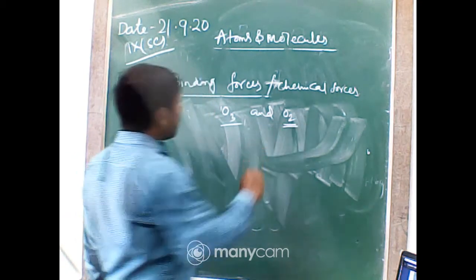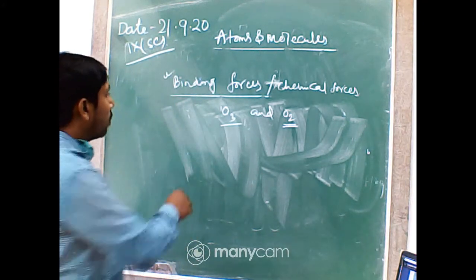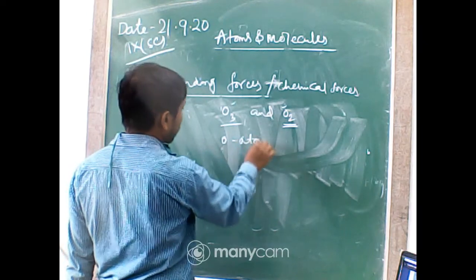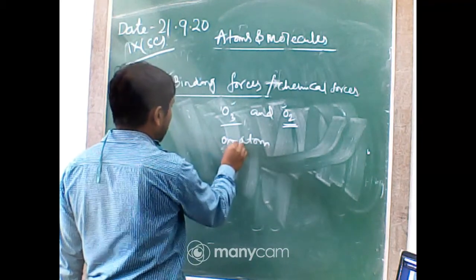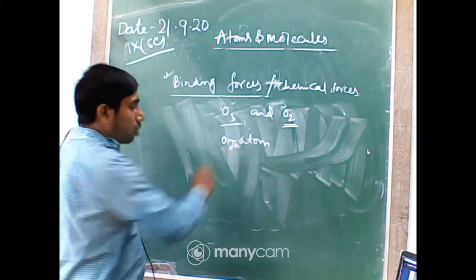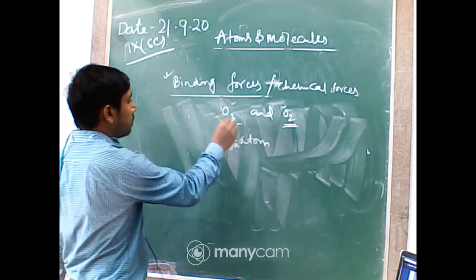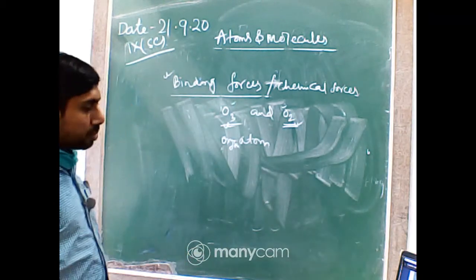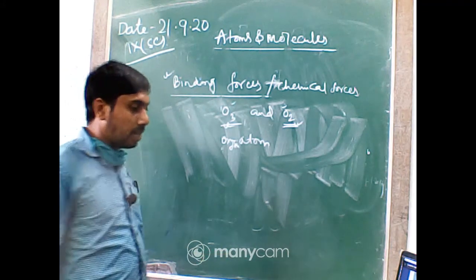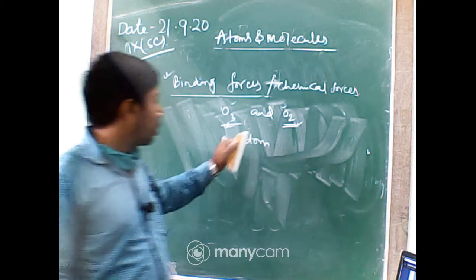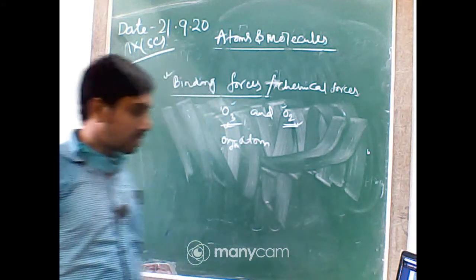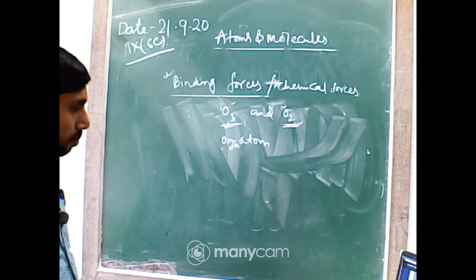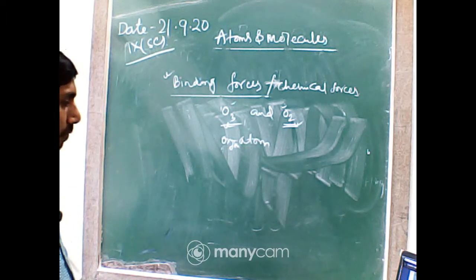The preliminary difference is that both are formed by oxygen atoms, but the atomicity is different. Here the atomicity is 3, here the atomicity is 2, correct? As the atomicity is different, there will obviously be a difference in mass. So Amrita has given the mass difference. Obviously there should be a difference.